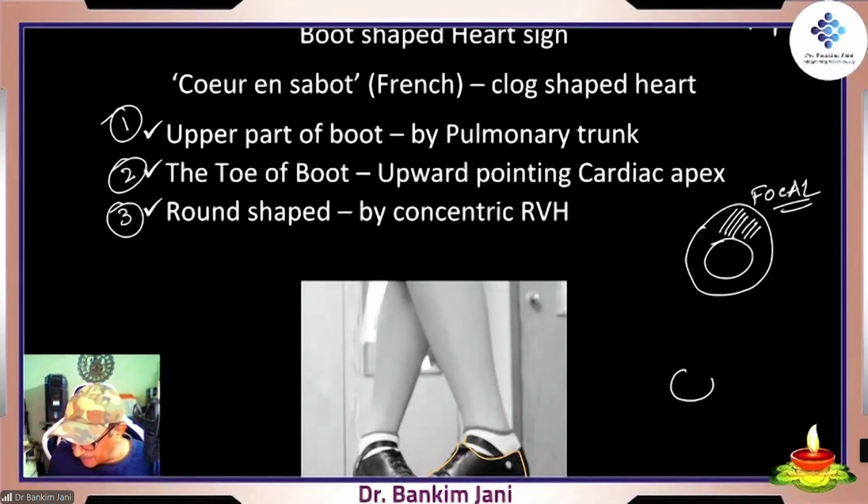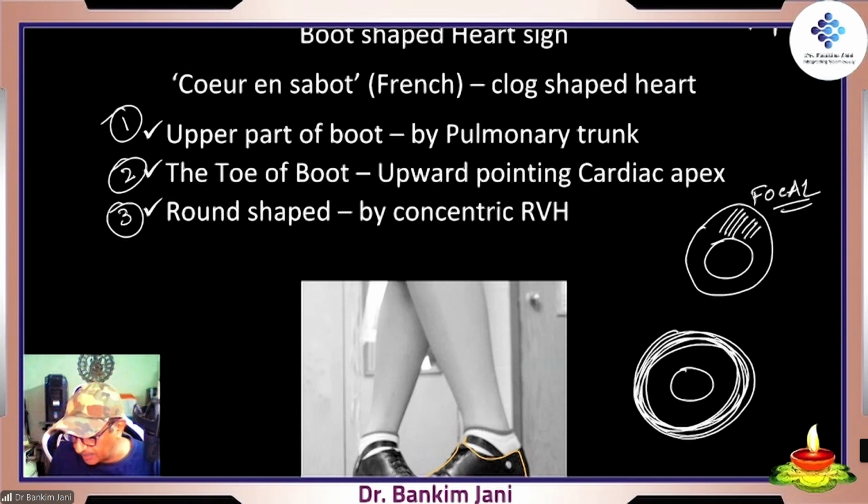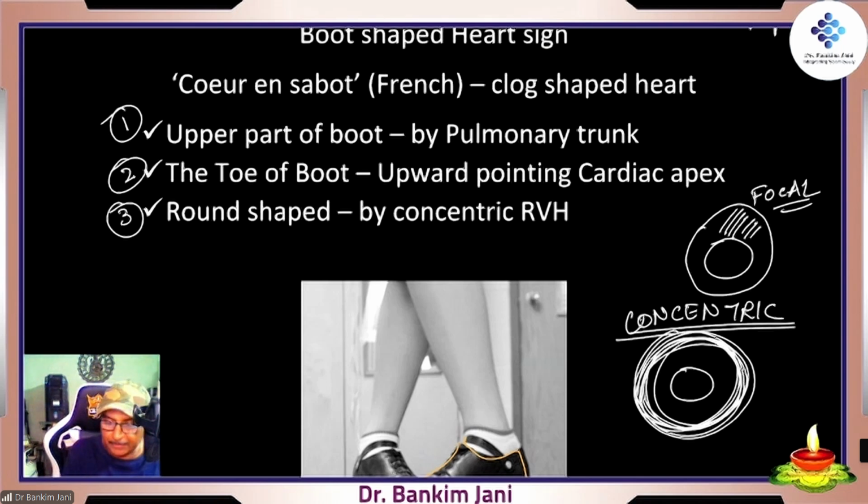But when the entire thing is enlarged, then this is called concentric enlargement. So this keyword, do remember: concentric right ventricular hypertrophy, that is, all the muscles are hypertrophied. So that's why it is giving this appearance.